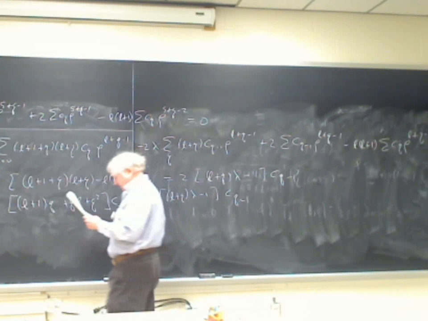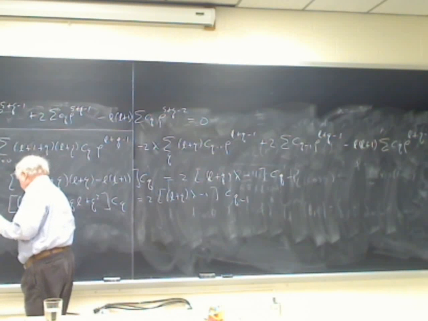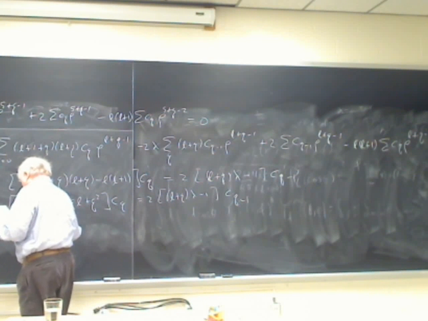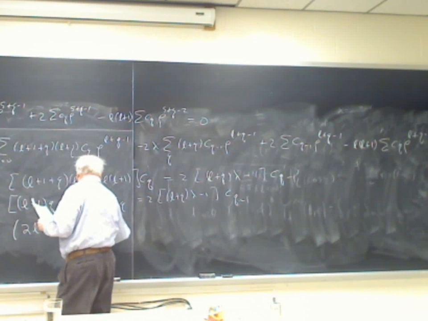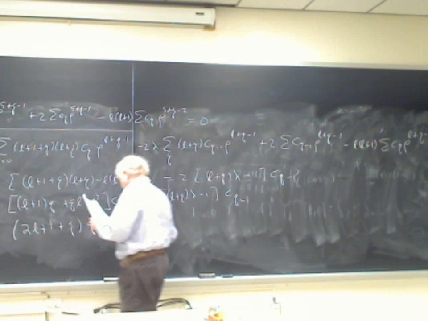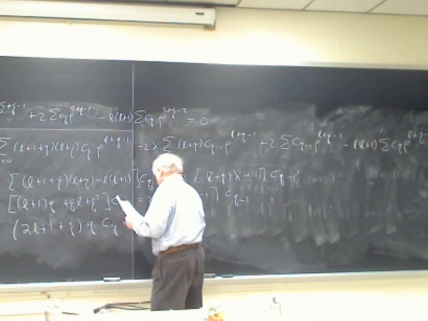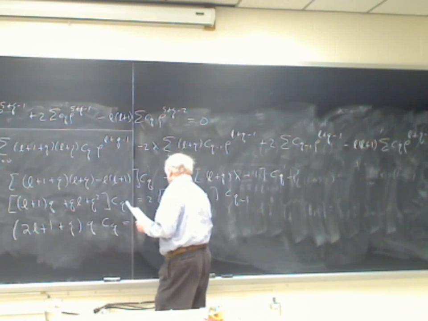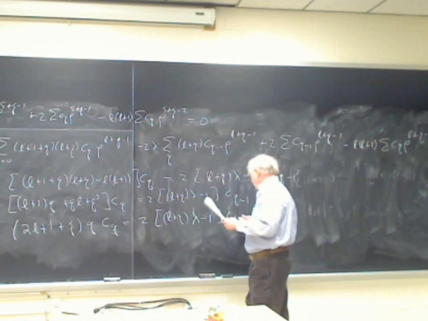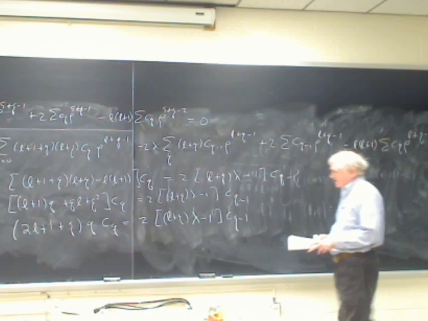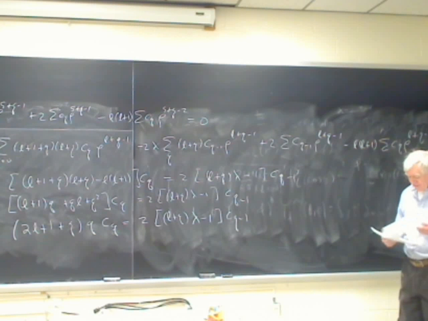And you can factor out a q from this, and so you get (2l plus 1 plus q) times q c_q is equal to 2 (l plus q) lambda minus 1 c_{q-1}. Okay, so that's the recursion relation.